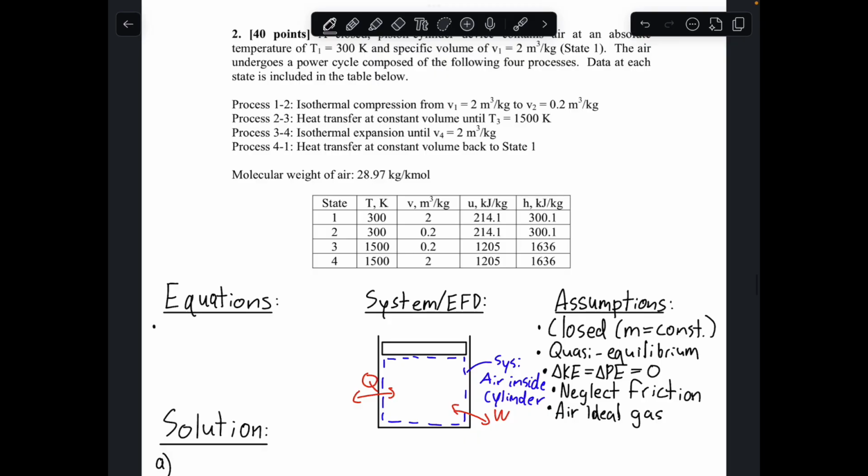I guess we could also say that there's not going to be any other work besides boundary work. So I'll say that there's no other work besides boundary work.